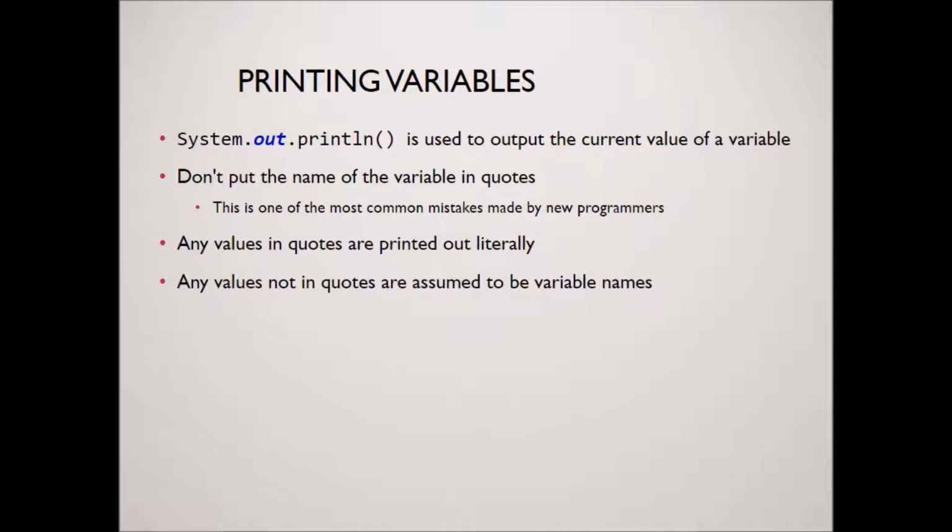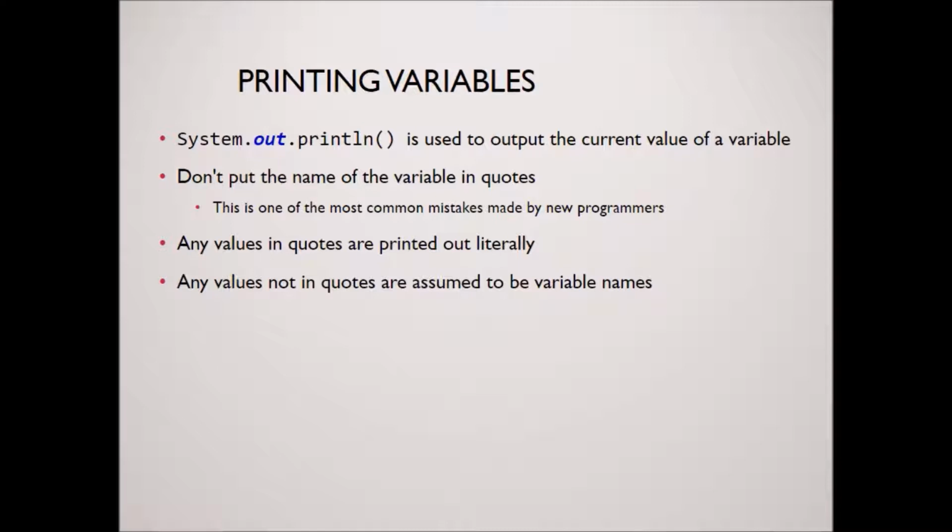So these are called bare words. When the program sees a bare word, it assumes that it's a variable name. So you need to keep this in mind. Double quotes, literal string, printed exactly the way it is. Bare word, this is something that we can do math with or test for true or false. It's a variable.